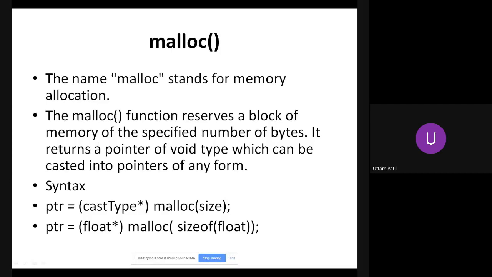Then it returns a pointer of void type which can be casted into pointers of any form. So I'll explain each one of these terms. So here is the syntax.